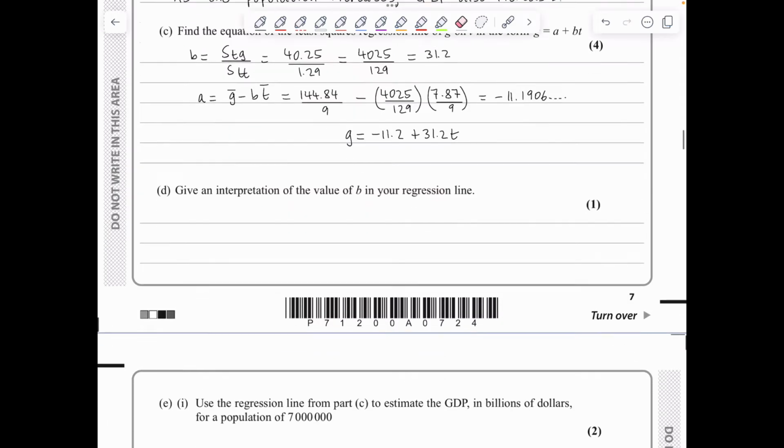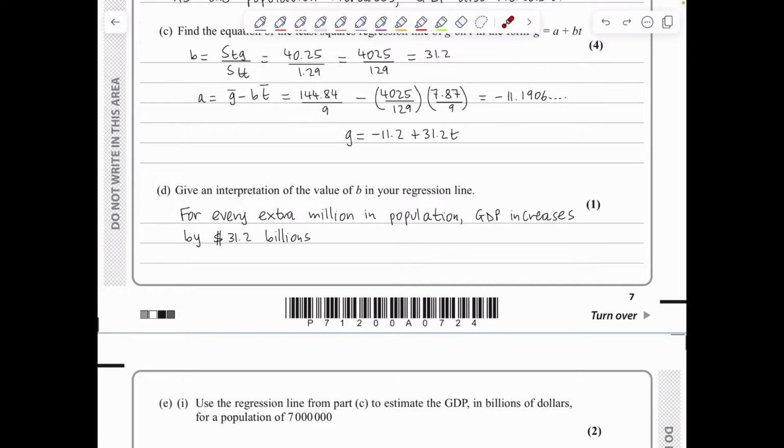In D, we are asked to give an interpretation of the value of b we obtained in the regression line. Well, we know that the gradient represents the increase in y for every unit increase in x. In our case, we can say that for every extra million in population, the GDP increases by $31.2 billion.